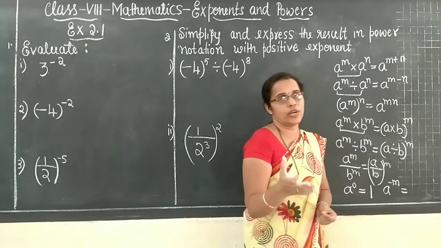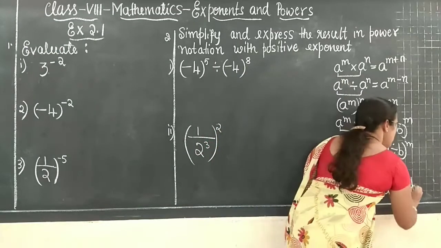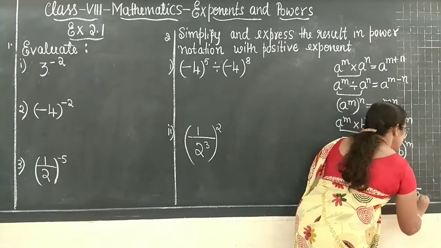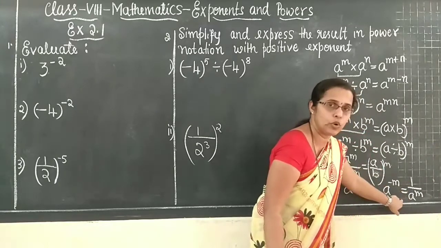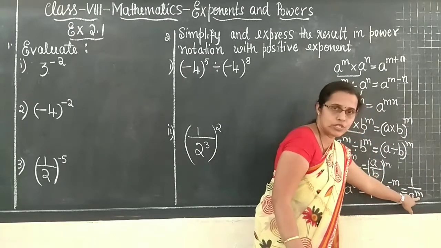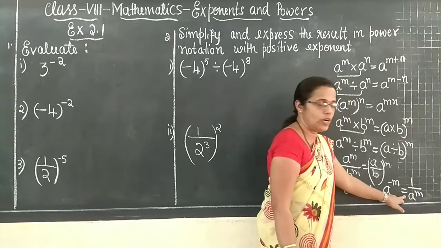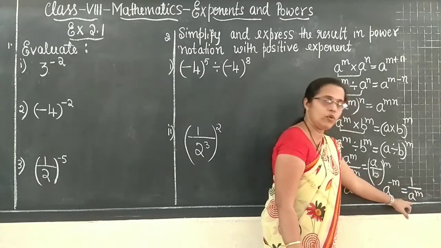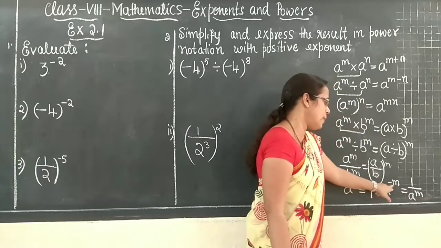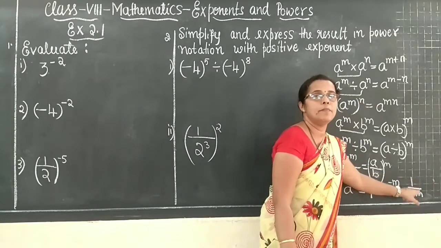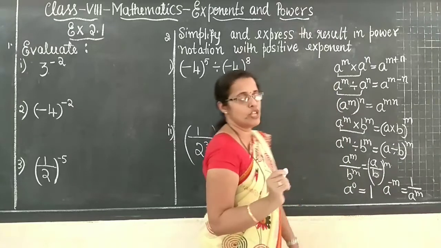By reciprocal. In the sense, 1 by a to the power m. See, when you write the reciprocal, m will become positive. Okay, so a to the power minus m is equal to 1 by a to the power m children.